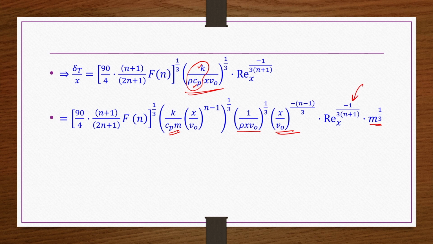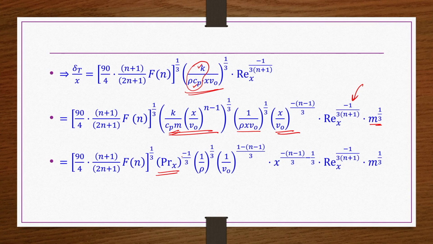Why am I writing this one? Because this is nothing but Prandtl number inverse for a power law fluid, right. So, here in place of Prandtl number power minus 1 we can write Prandtl power minus 1 by 3. This is also a local Prandtl number because it is defined at x.